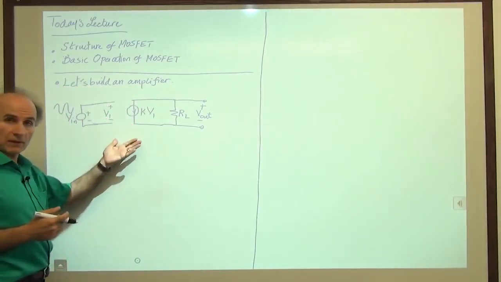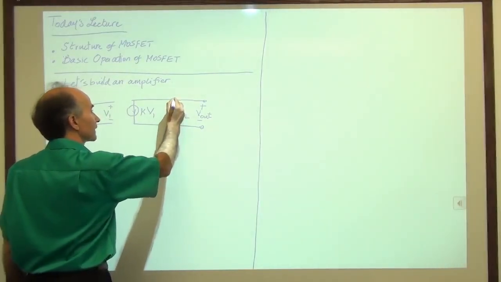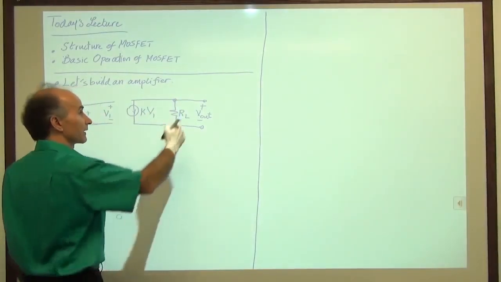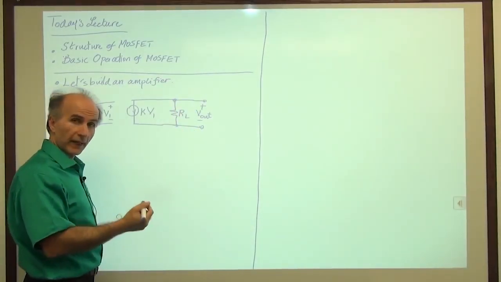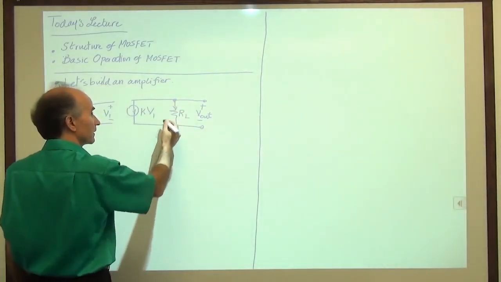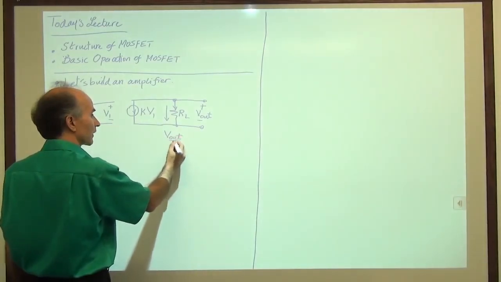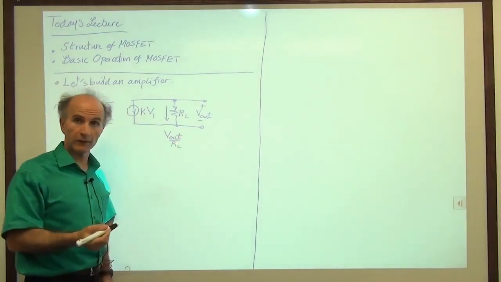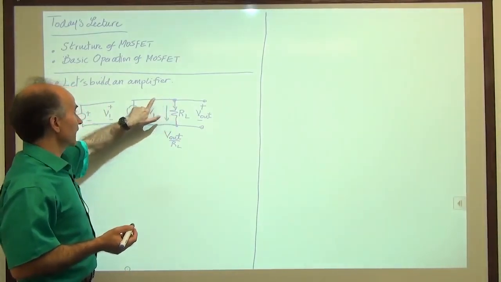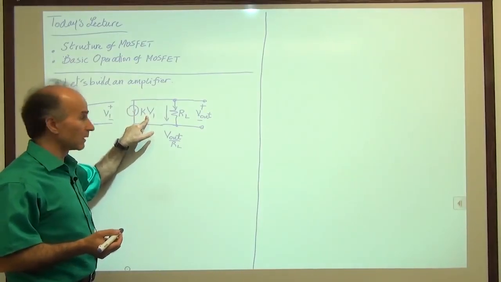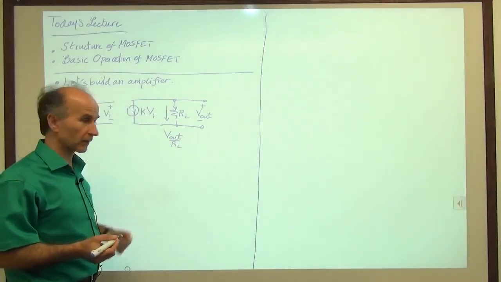Well, we just need to solve this very simple circuit from basic circuit theory. We write a KCL right at this node, knowing that this voltage is called V out. So if the voltage across this resistor is called V out, the current through the resistor, maybe I'll draw it like this, is given by V out over RL. That's Ohm's law. And now we can write a KCL at this node. This current is going out of the node equal to KV1. This current is going out of the node equal to V out over RL. They have to add up to 0.